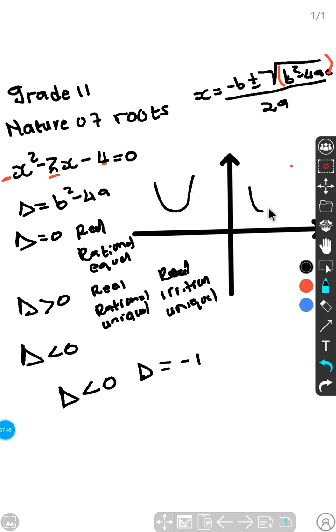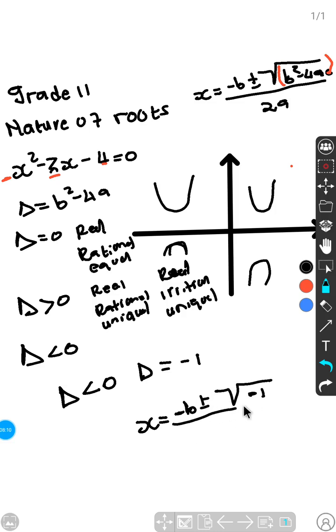It can be here, it can go like there, or it can be down here, or down here. If your discriminant is less than 0 and is negative, it means that if you were to solve for x using the quadratic formula, the discriminant here will be negative, and a negative under a square root gives you an error.